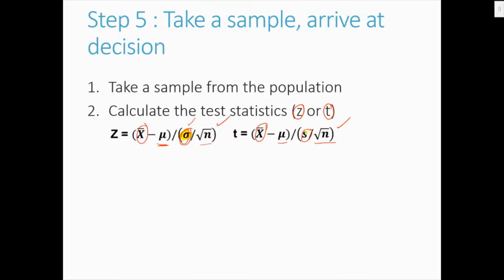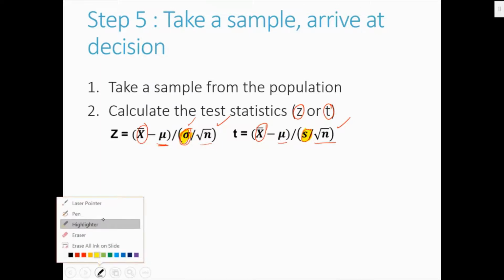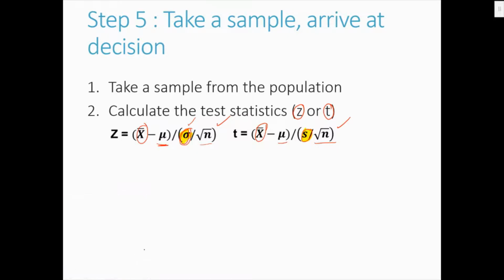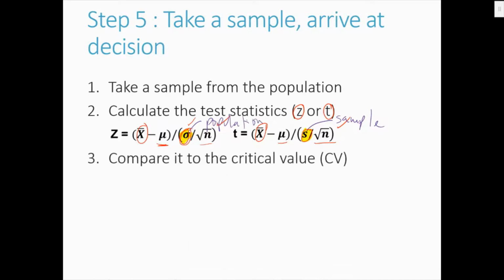The only difference is whether you have the standard deviation of a population, which is sigma, or the standard deviation of your sample, which is S. Think of S for sample, and sigma for population.